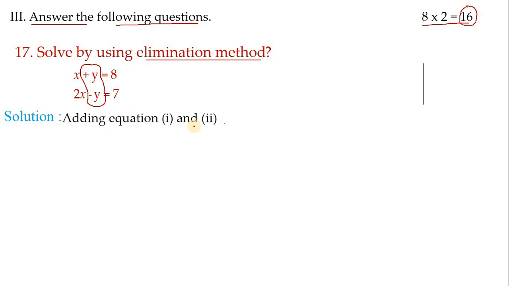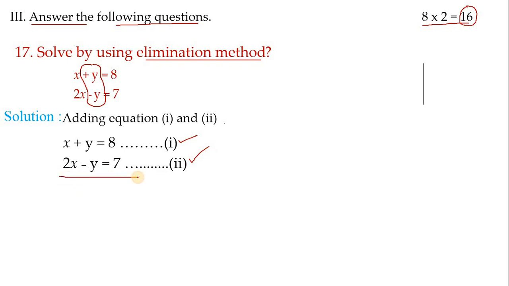Adding equation 1 and 2. This is equation 1 and this is equation 2. Now let us add these two equations. Here y terms will get cancelled and 1x plus 2x is 3x, 8 plus 7 is 15.